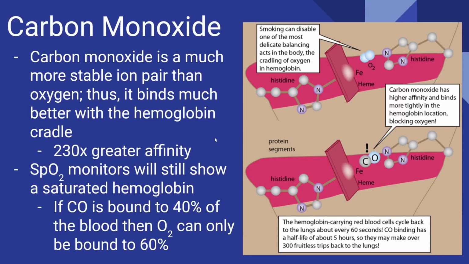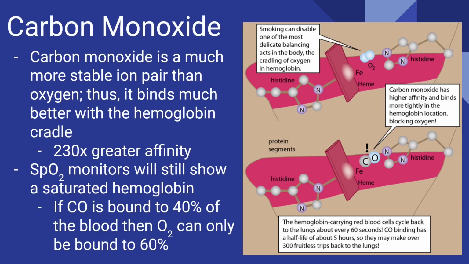While we're on the topic of oxygen, one of the things you might be tested on is a patient with carbon monoxide poisoning. Carbon monoxide is very similar to oxygen in that it binds with heme, except that carbon monoxide has a much stronger connection than oxygen does.